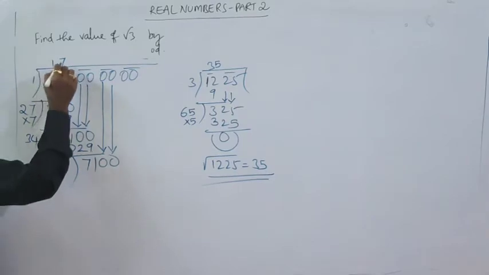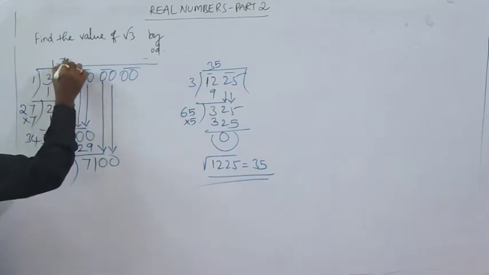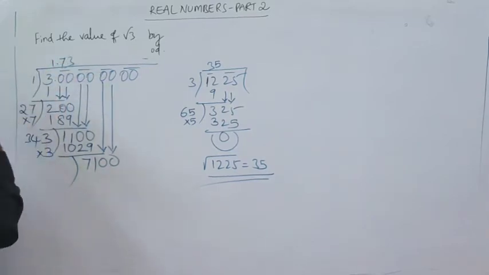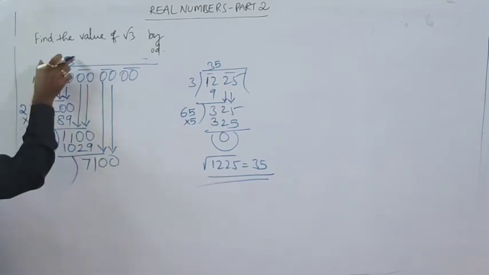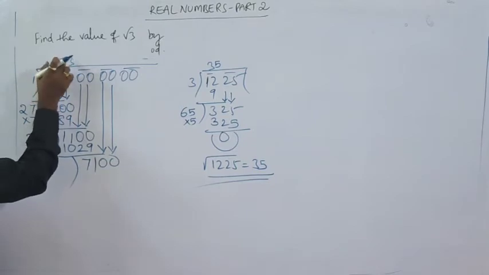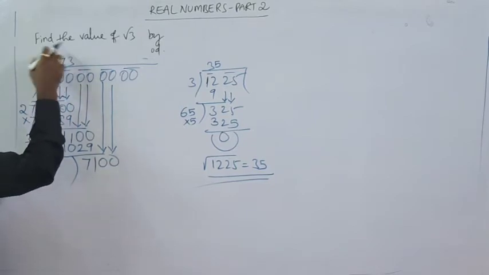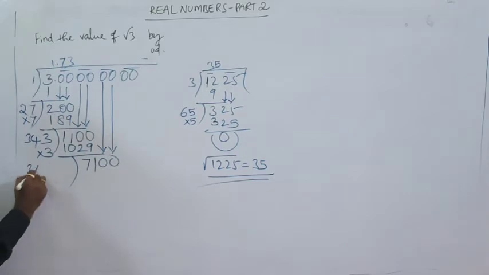Here we have to place 3 here because it is a suitable value to satisfy this condition. Now what is the quotient? 1.73. Irrespective of the decimal point, twice this quotient is 346. Is it? 346 is what I have to write here.